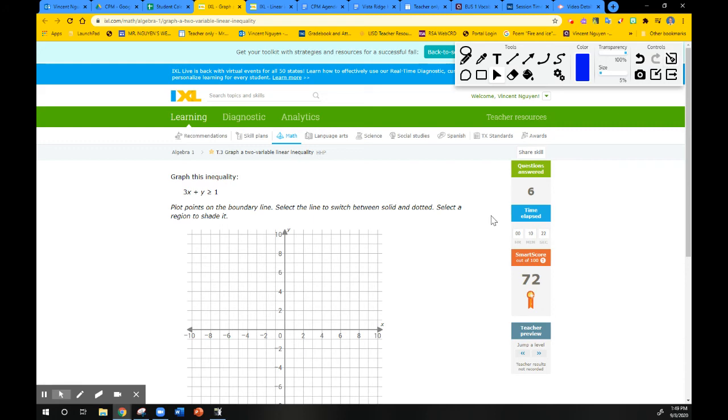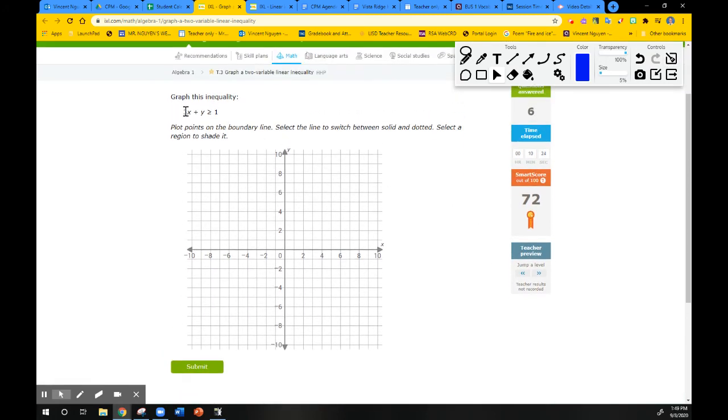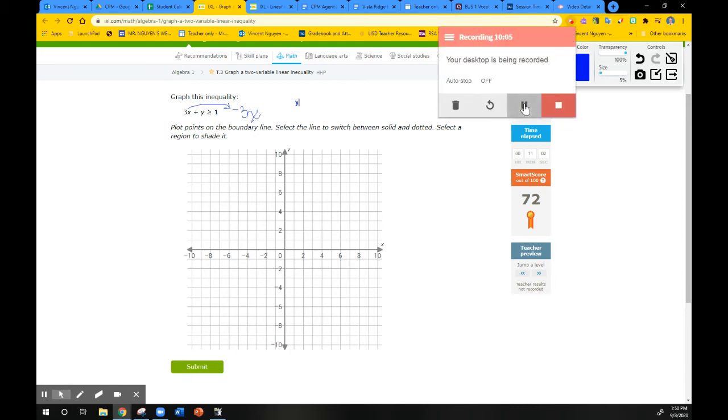Okay. This one is the same. Move the 3x. So I'm going to move this 3x over here. It's going to be -3x. And so my inequality becomes y is greater than or equal to. I apologize for all that noise. It's passing period and students are really loud in the hallway.